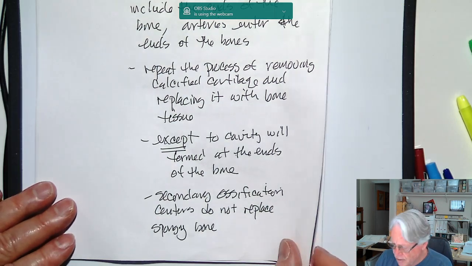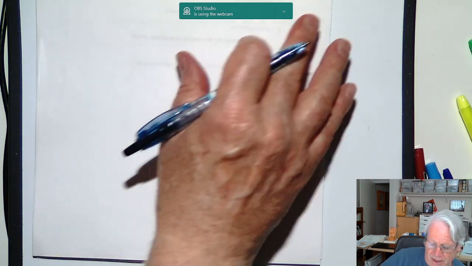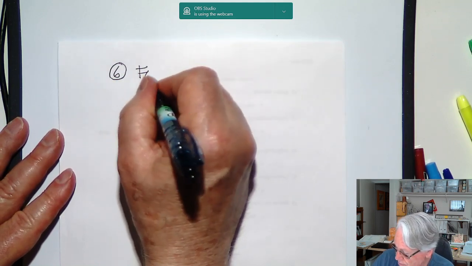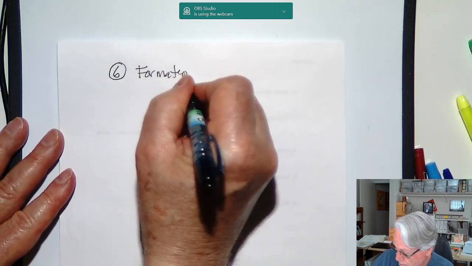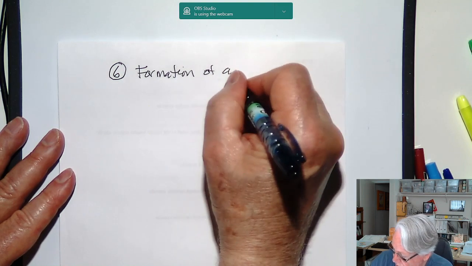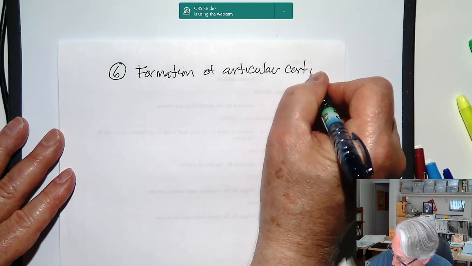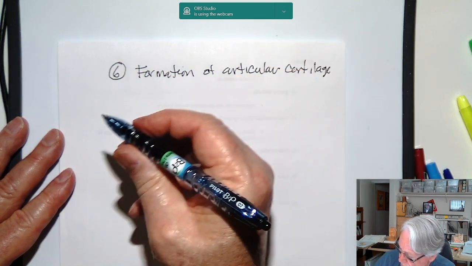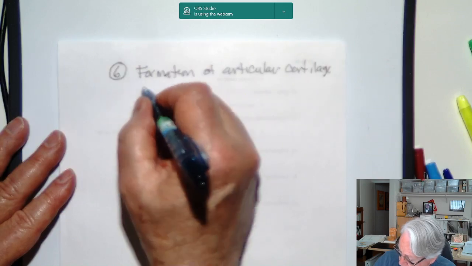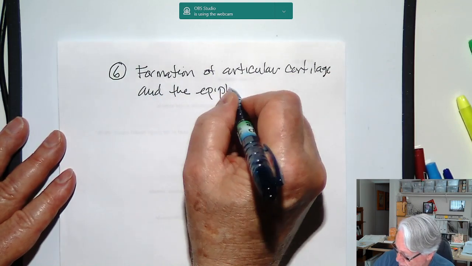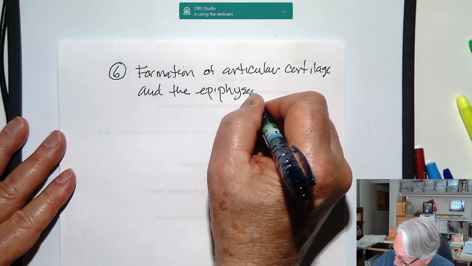And finally, the last step in this process, number 6 here, is the formation of articular cartilage and the epiphyseal plate.